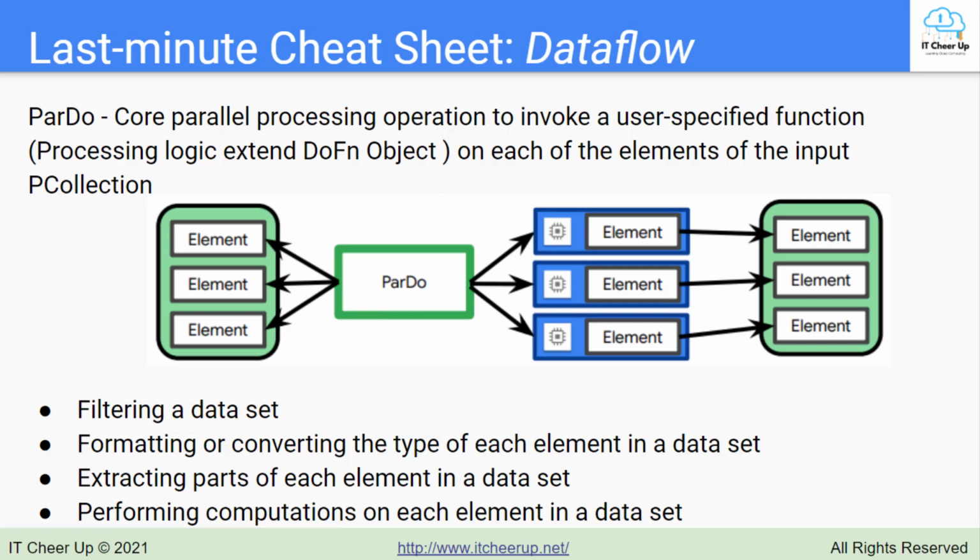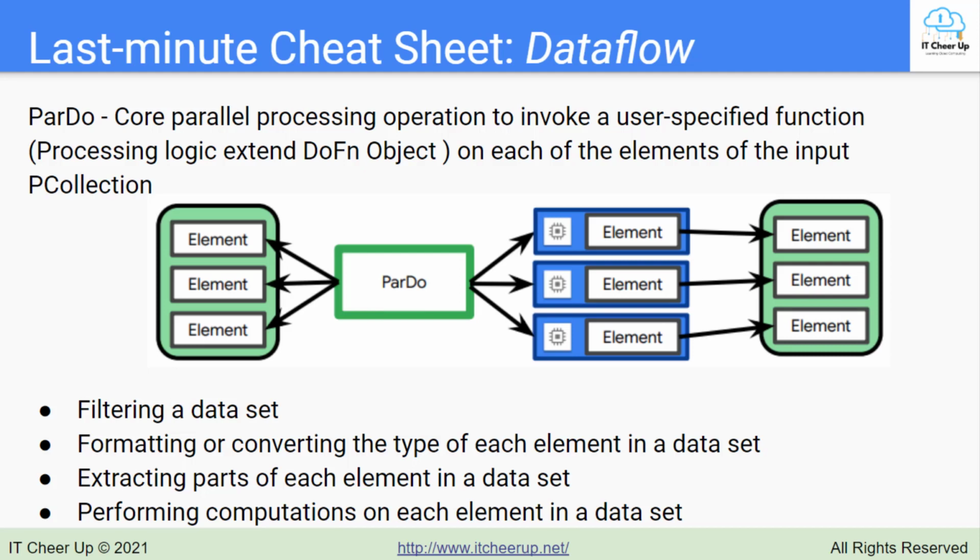When you apply a ParDo transform, you will need to provide user code in the form of a DoFn object. DoFn is a Beam SDK class that defines a distributed processing function.